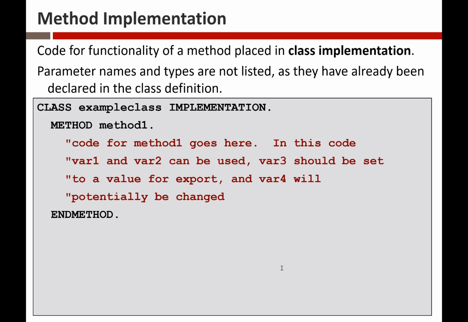Another common mistake I see people make is they put a data statement here and they start declaring var1 and var2 and things like that. We don't do that. Now, if you need a variable that is just local to this particular method, maybe you're going to do some math and you want to store that math in an intermediate data object to use for something in the context of this method, you can have a data statement here and create a local variable.